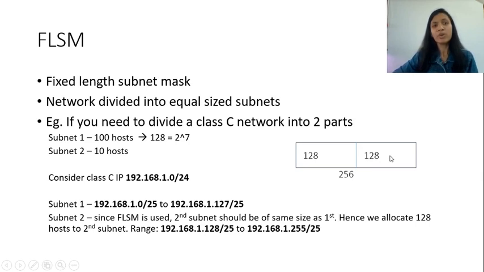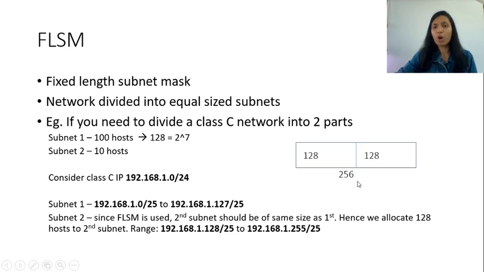Next, we will take a look at what we mean by FLSM and VLSM. FLSM is fixed length subnet mask. In case of fixed length subnet mask, you can divide your network only into equal sized subnets. So if you want to have a class C network divided into two parts, you can only divide it into two equal parts.